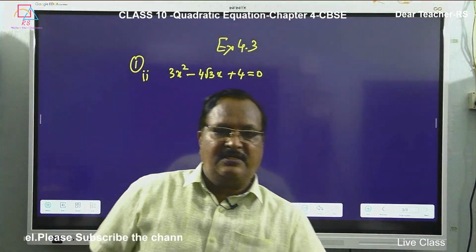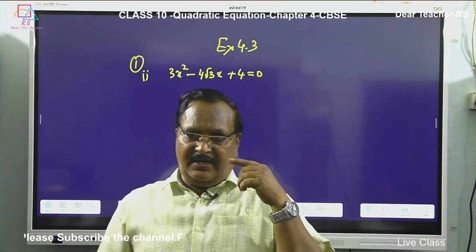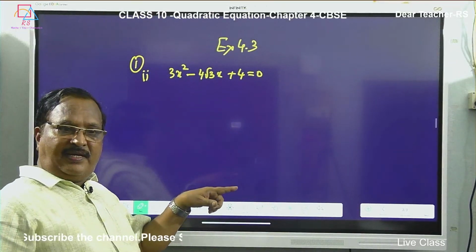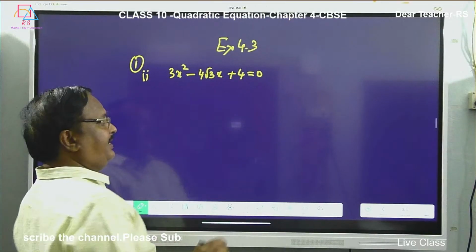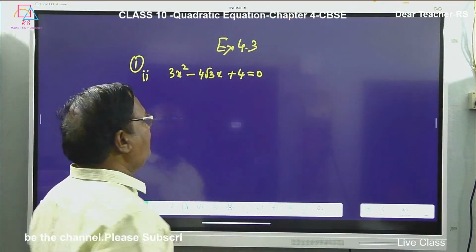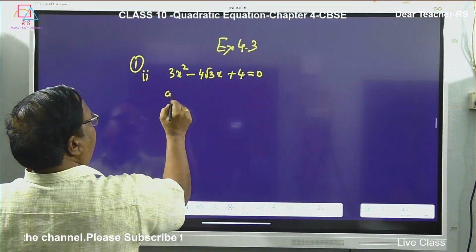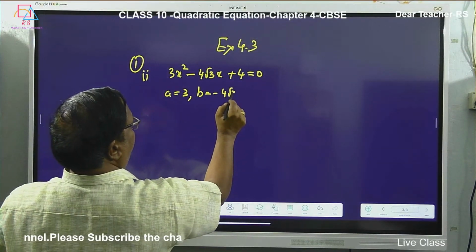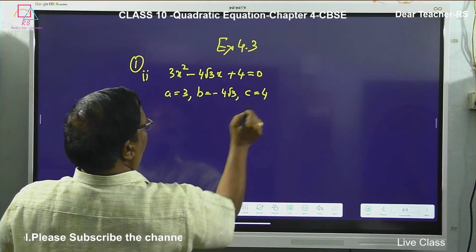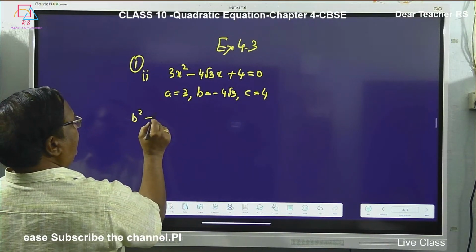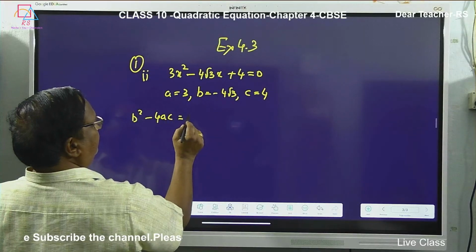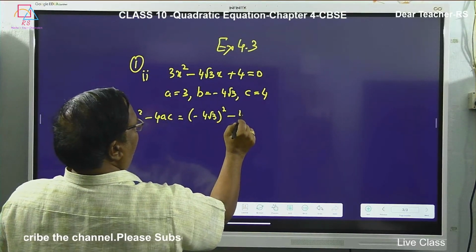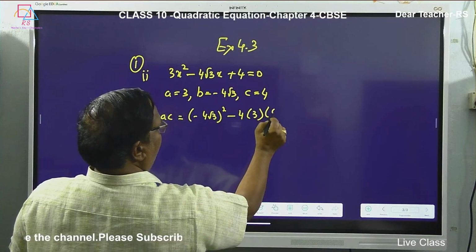Now first, step number 1, you have to find the nature of the roots. If the roots are real, then find them. If the roots are not real, no need to find. So a is equal to 3 and b is equal to minus 4 root 3 and c is equal to 4. So b square minus 4ac is equal to minus 4 root 3 whole square minus 4 into 3 into 4.